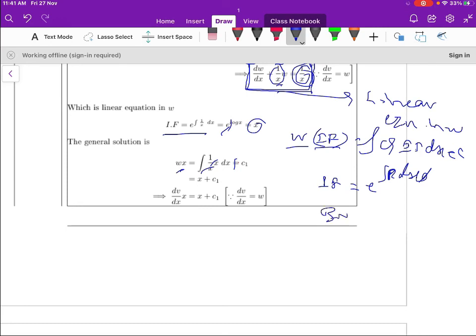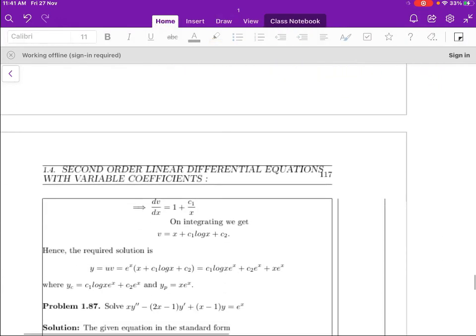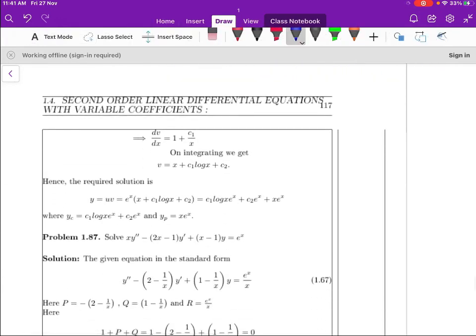But w is equal to dv by dx. So in place of w take dv by dx into x is equal to x plus c1. You have to find out v here. So this implies dv by dx is equal to 1 plus c1 by x.